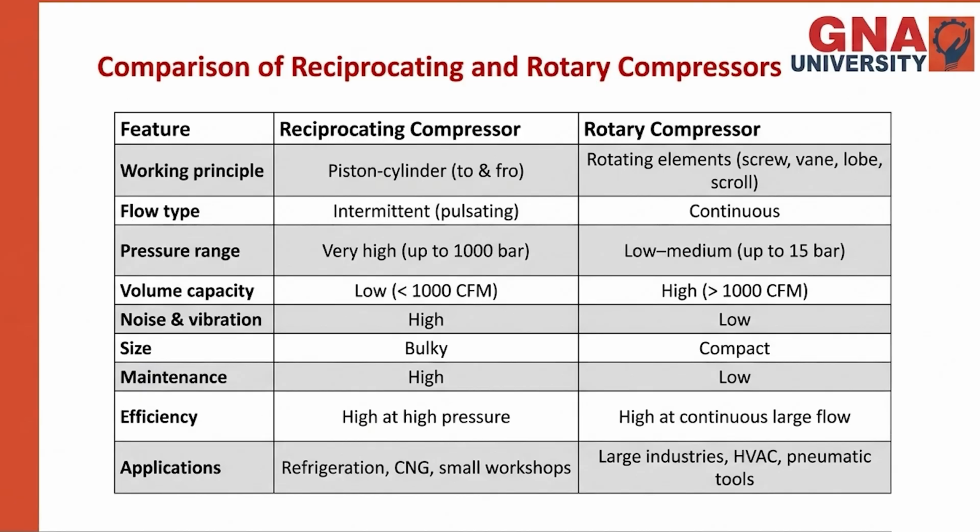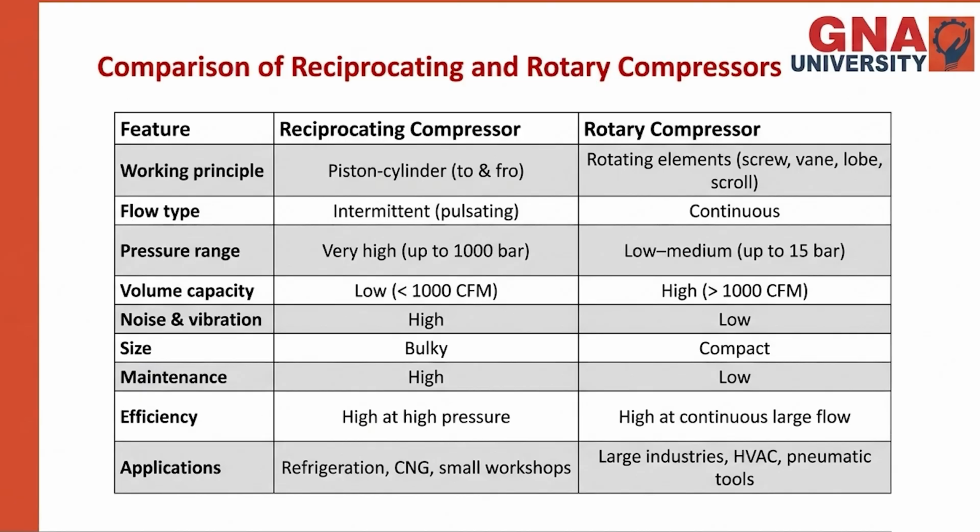Now let's try to figure out the differences, or a comparison, between these types of compressors, between reciprocating and rotary compressors. So you see this table. In column 1 we have the features with respect to which the difference is there, and on one side we have the reciprocating compressors, and on the other side we have the rotary compressors.